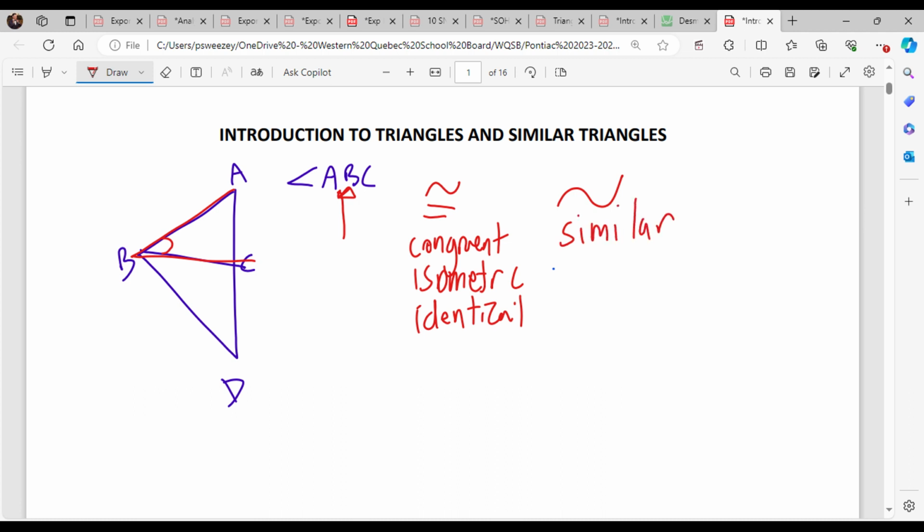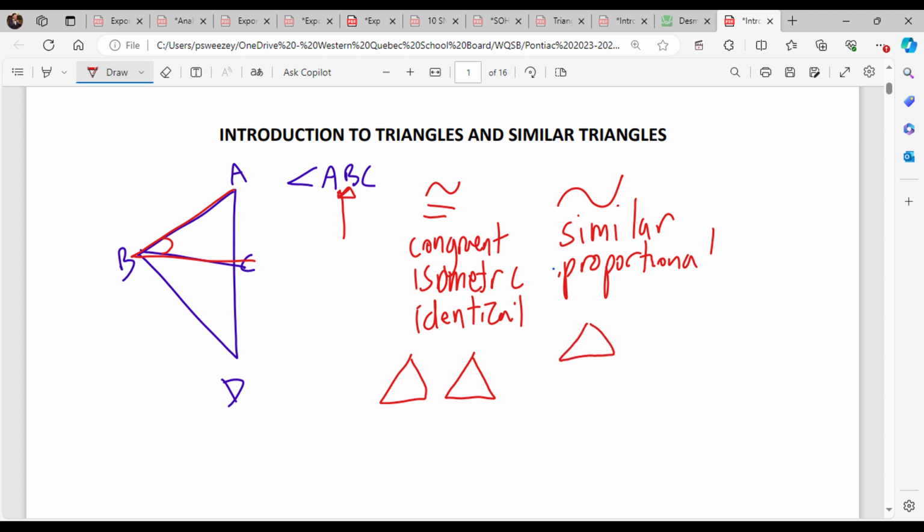And the best way to describe similar is proportional. And if you need to do a diagram next to it, the congruency can talk about lengths or triangles themselves. But when I say identical, what I mean is they would literally be identical in every way. Lengths, angles would all be the same.